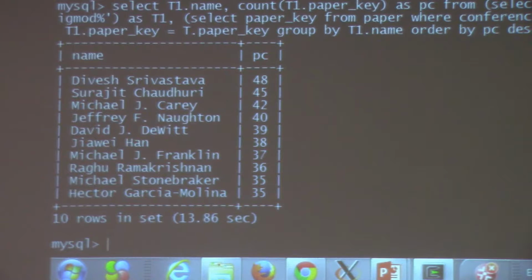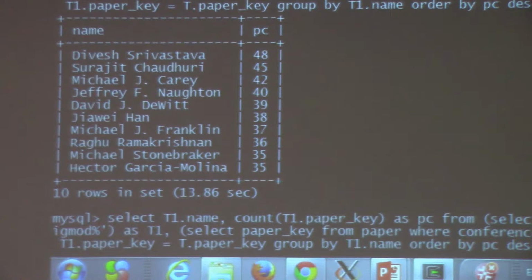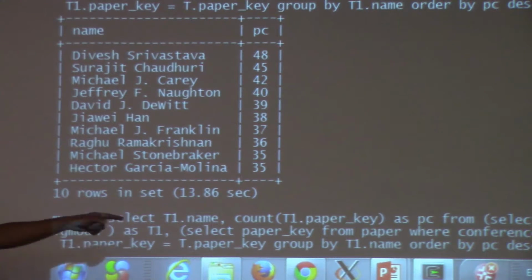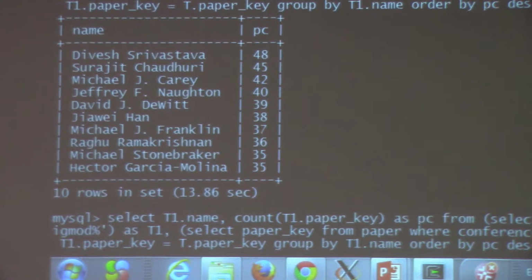If you run the same query again, will the kernel have the results in its cache? Let's try it. It took 13.86 seconds just now. If none of you are using the server now, the cache should still be hot.